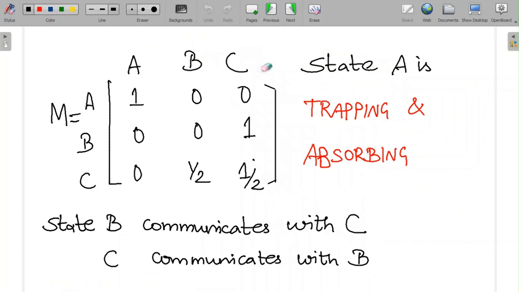For example, we see that the state A here is trapping because the diagonal at 1 comma 1 is exactly 1, which means every other entry in the same row will be 0. Therefore, we can never reach state A from any other state, which is B or C. And hence, we conclude that A is trapping or absorbing.